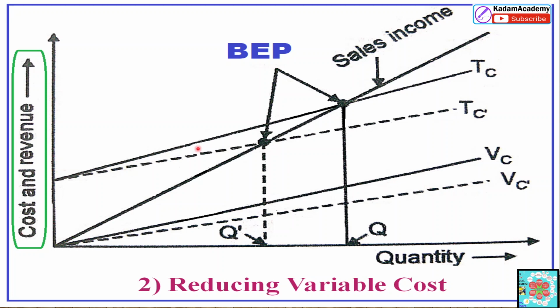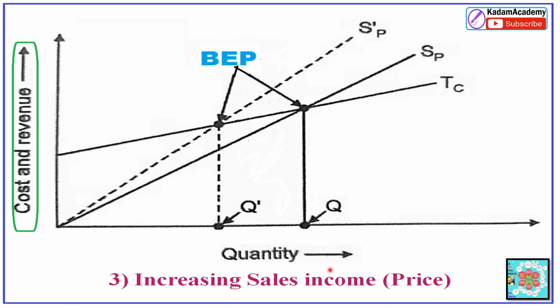Then again the TC, the total cost, is shifted from this point to this point, so the profit is again going to increase here. So by reducing the variable cost and the fixed cost, we maximize the profit.